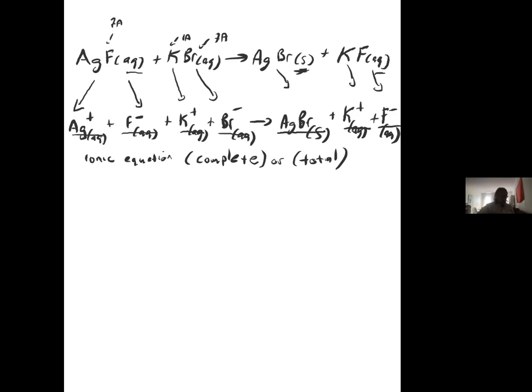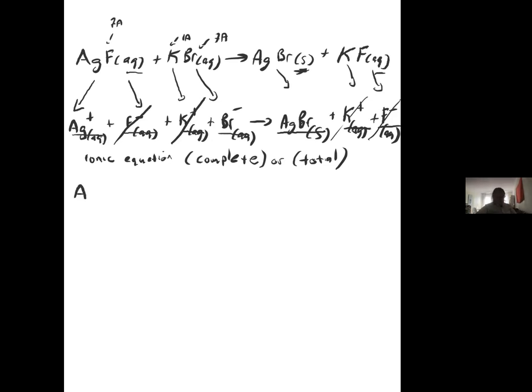So the silver, you can't cancel because it's in a different form on both sides. The fluorine, you can cancel, because the fluorine is F minus on both sides. The K plus is the same on both sides. The bromide is not. Bromide is in the form of AgBr on the right, and it's Br minus on the left, so you can't cancel it.